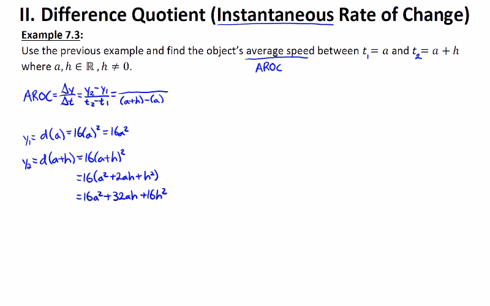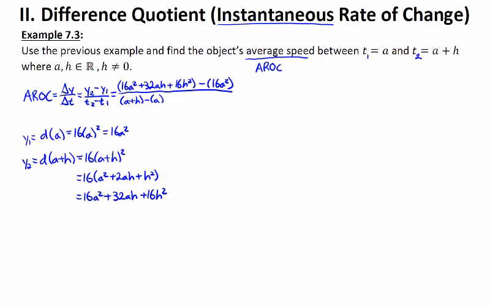So now I want to substitute in for y2 and y1. y2 is what we just wrote down, so let me copy that. And then y1 was 16a squared. So all of that is divided by the a plus h minus a.